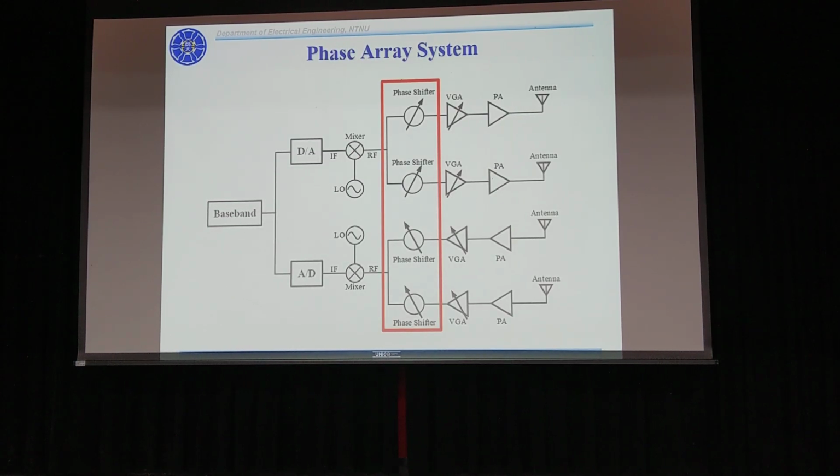This is the architecture of a phased array system. It includes converters, mixers, phase shifters, and amplifiers. In the phased array system, the transmitting terminal controls the phase delay by the phase shifter, and beamforming can increase the efficiency of the wireless transceiver. The transmitting terminal can change the phase of the antenna set.